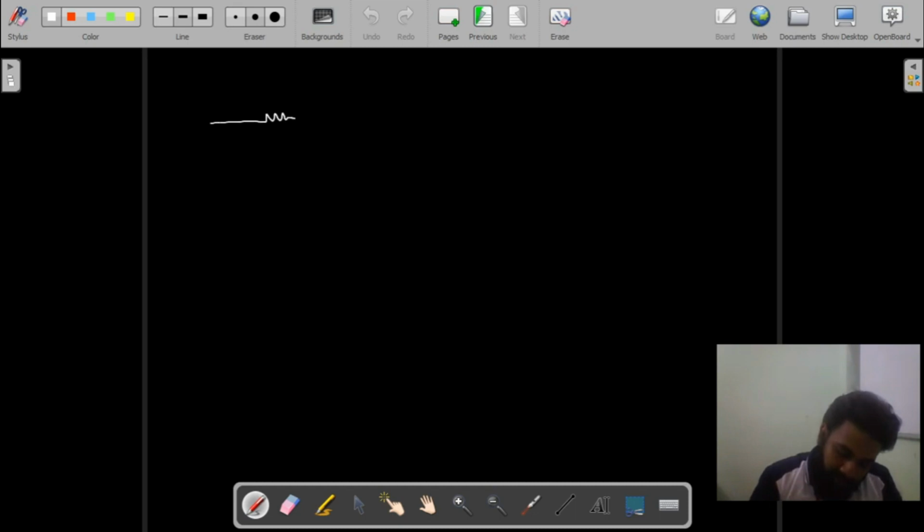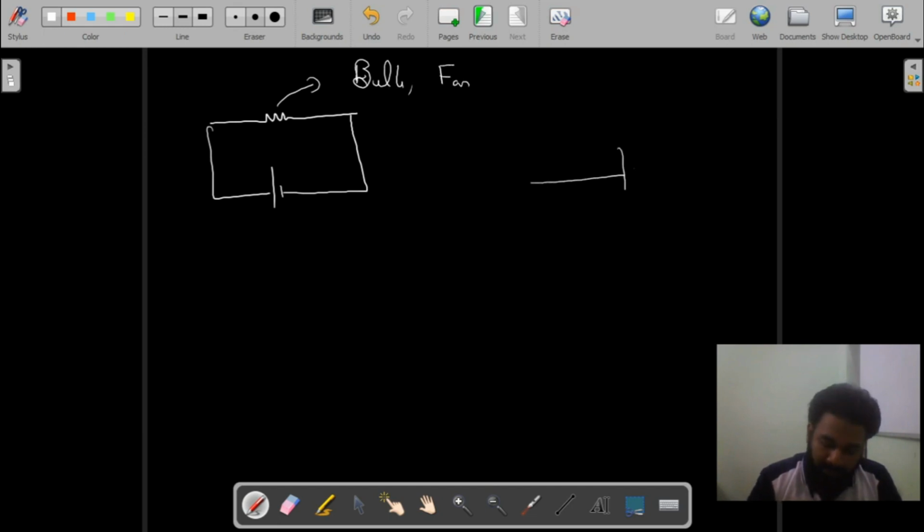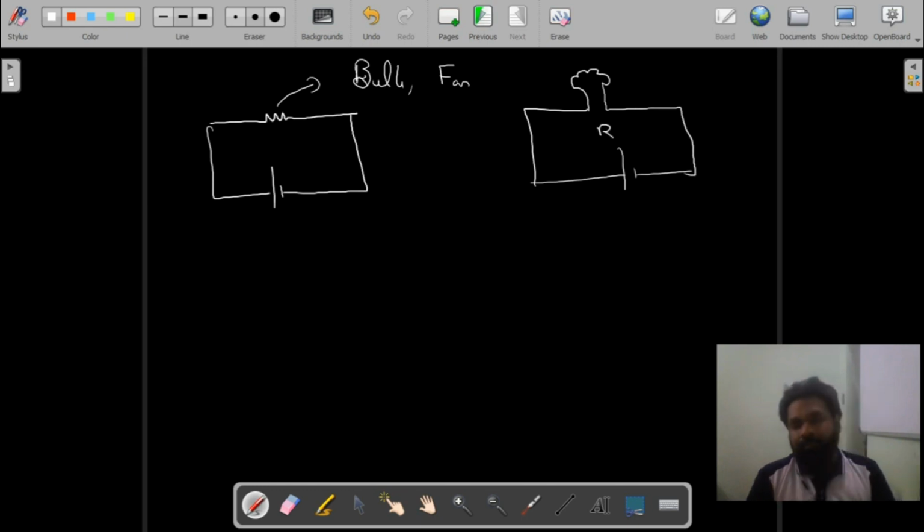When we keep a resistance like this, we just consider it as a resistance and solve. Normally these resistances are nothing but appliances. For example, this could be a bulb, this could be a fan. If we draw a bulb like this, it is nothing but a resistance. So these are the electric appliances.